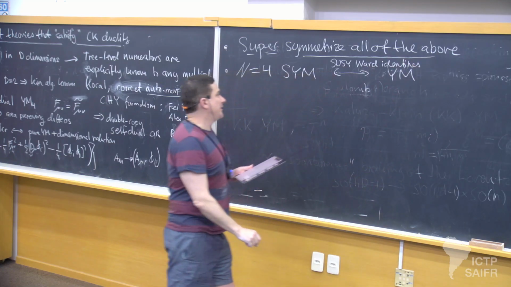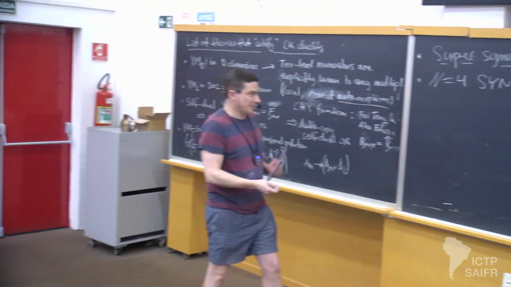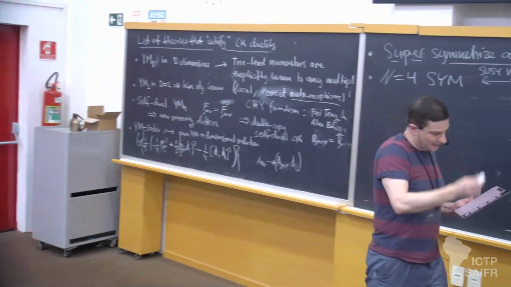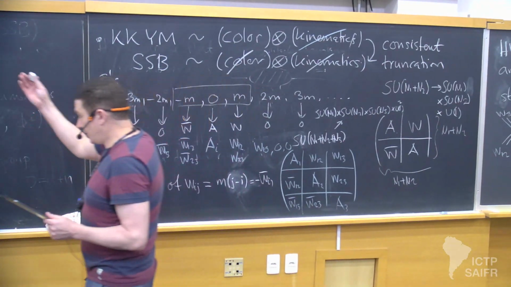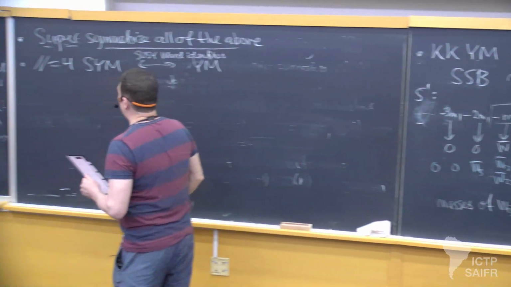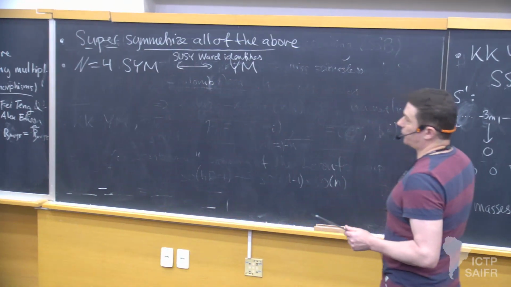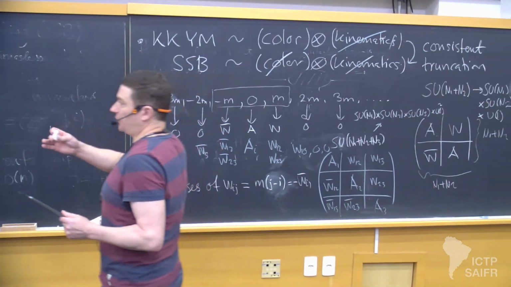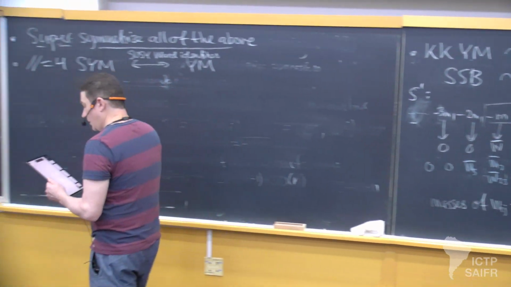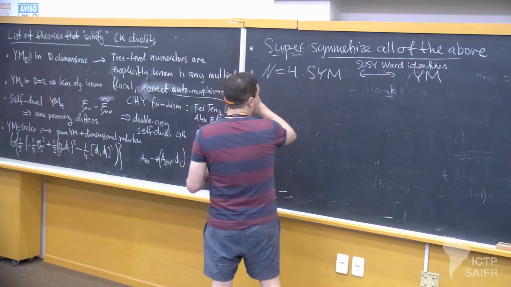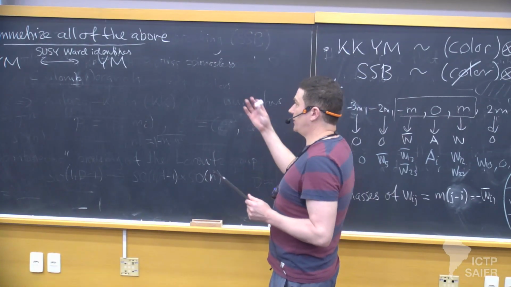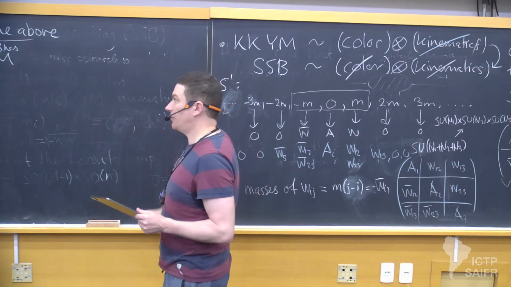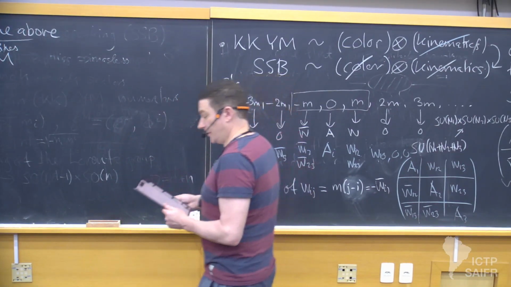The SUSY Ward identities are sometimes a bit hard to use, unless you're at low multiplicity. But they should exist. You should be able to use them to solve for amplitudes and numerators more generally. Amplitudes, maybe; numerators is harder. I'm not going to talk about it. David mentioned it in his talk, and I'm just going to mention it. I'm not going to talk about the SUSY Ward identities.